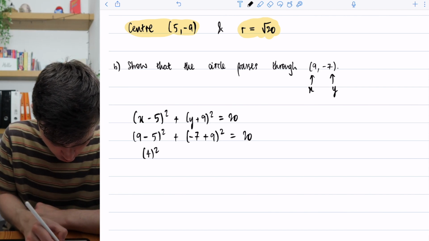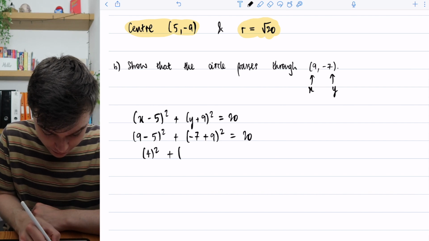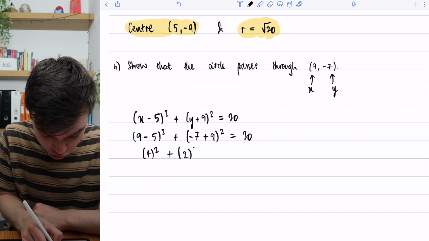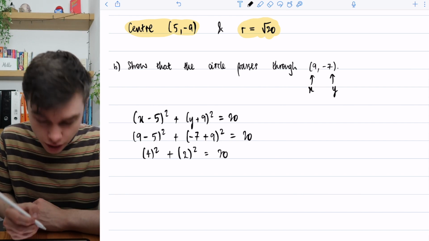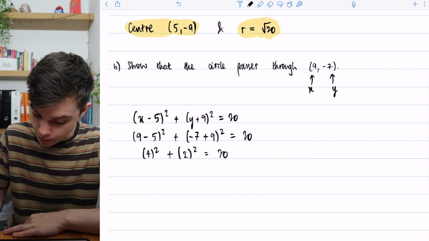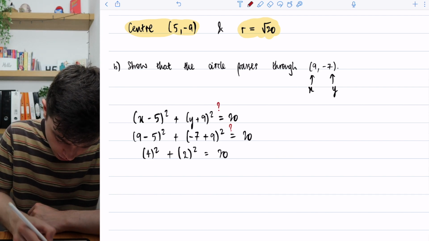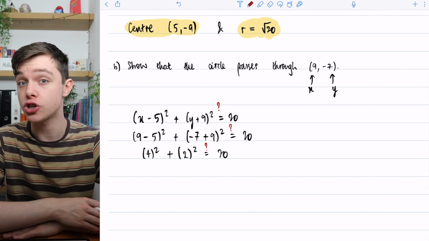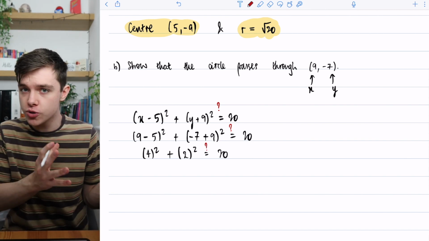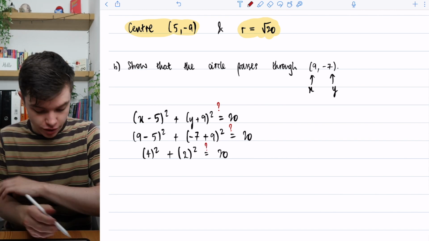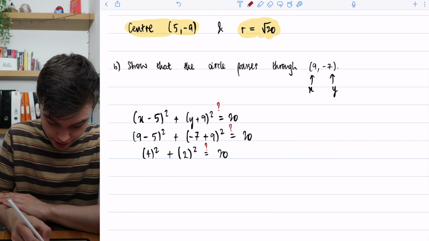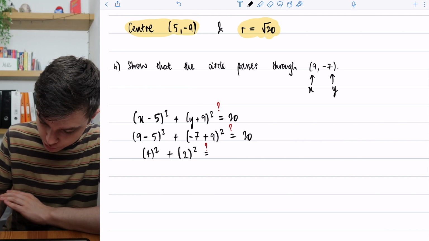That's going to be 4 squared plus minus 7 plus 9 is 2. Square that. Is that going to be equal to 20? Now, I'm going to put a question mark along here because we don't actually know if this is a show question. So we're just substituting in and hoping that this is equal to 20. That doesn't really look like 20, does it? Let's improve that a little bit.